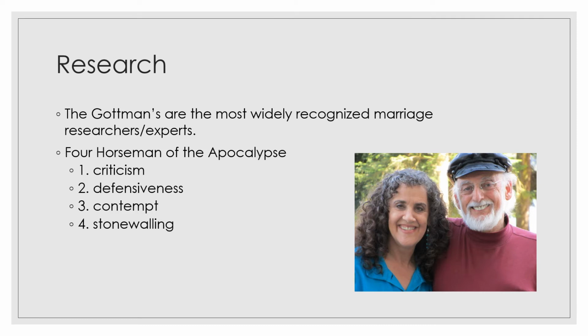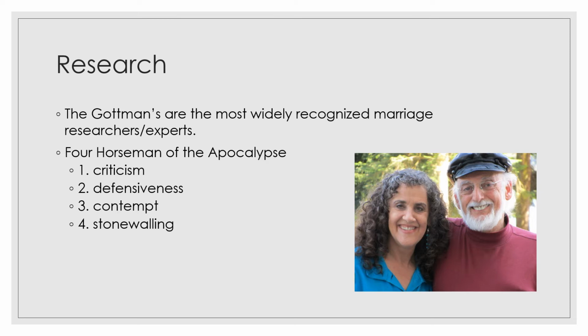So one of the things that they talk about are the four horsemen of the apocalypse, is what they've affectionately called it. And this is really about four different interactional patterns in spousal relationships that can cause severe problems within that relationship. The first one being criticism.